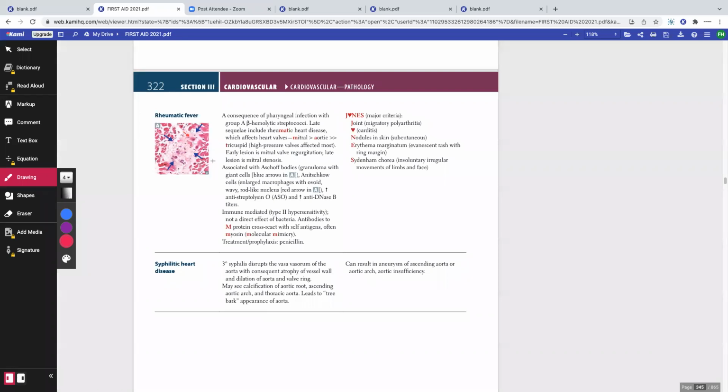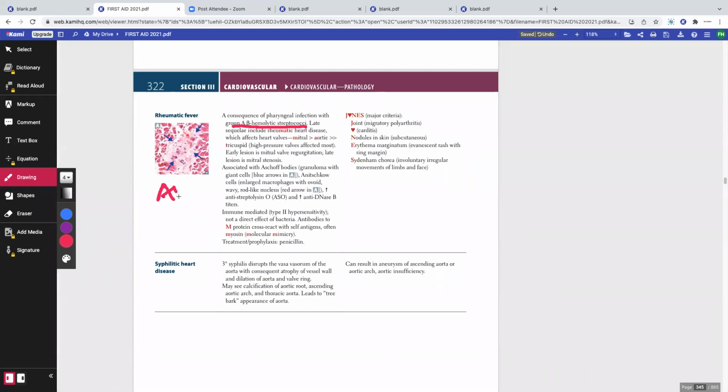Rheumatic fever is basically, first and foremost, a disease where we have an upper respiratory tract infection or a sore throat with an organism that is a group A beta hemolytic streptococci, right? And then what happens? When we have a group A beta hemolytic streptococci, there is formation of antibodies against these organisms.